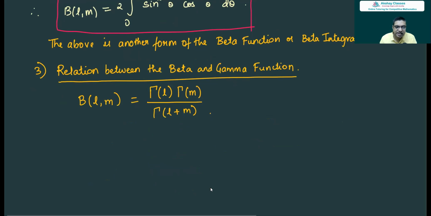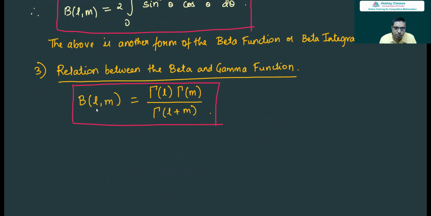Actually, this relation is the proof of the Wallis formula. When L and M are integers, we know this: these will be factorials, and this will also be factorials.